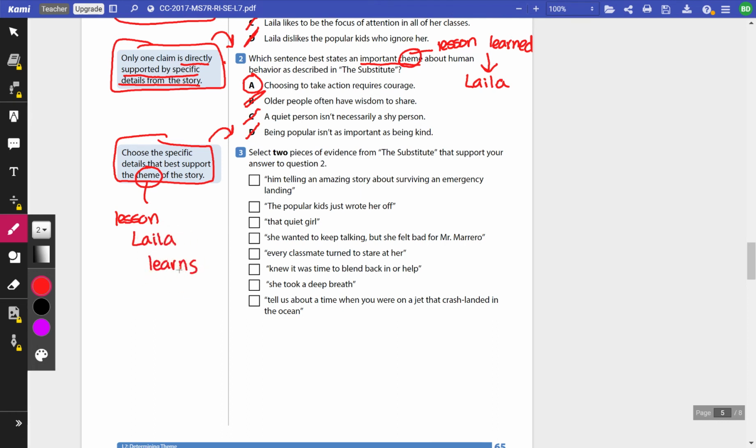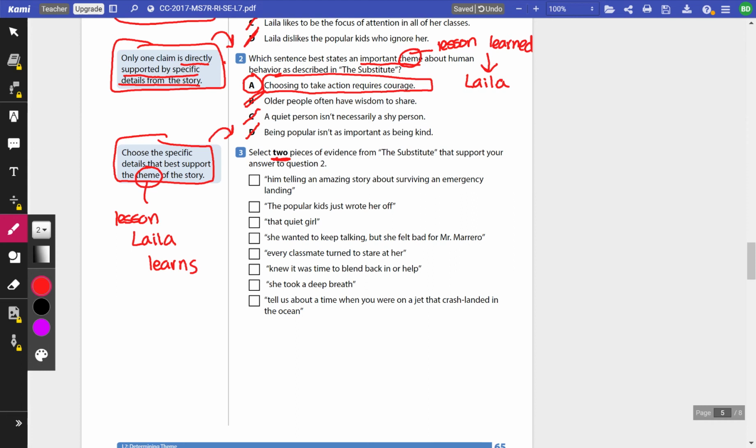So, question number 3 says to select 2 pieces of evidence from the substitute that support your answer to question number 2. So, question number 2 tells us that the theme of the story is choosing to take action requires courage. So we have to select 2 pieces of textual evidence that support that theme.